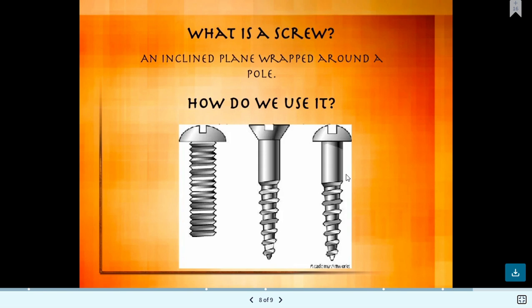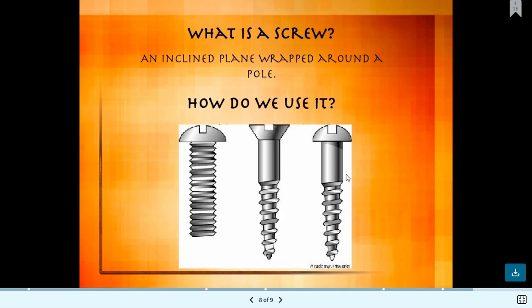Now let's take an example to understand this. Cut a triangular piece of paper ABC. Draw a red line along the edge AC. Now roll this paper around a pencil as shown in the picture. What do you see?